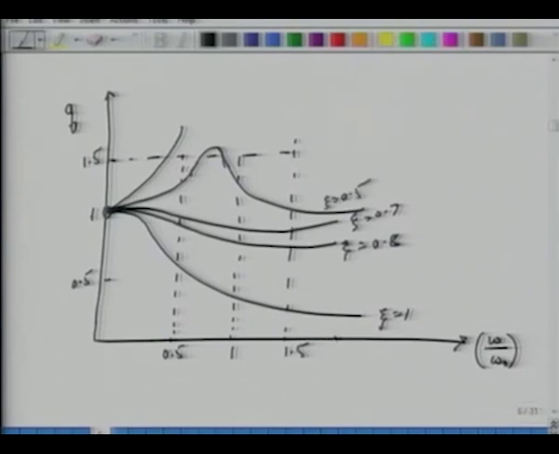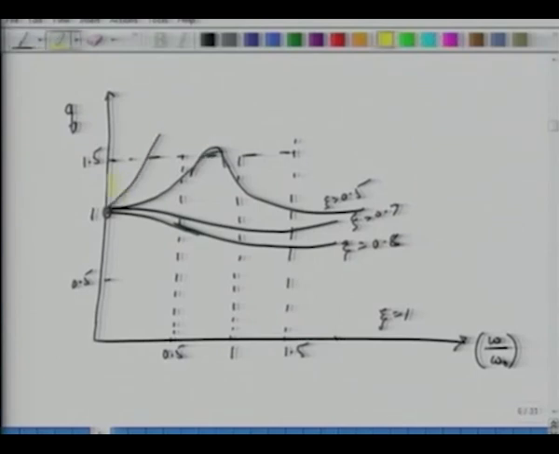So what this shows is essentially that the operating range for the accelerometer is a very narrow band. It's a narrow band. So if you want to make your accelerometer measure very high frequencies, you have to increase the stiffness very significantly.